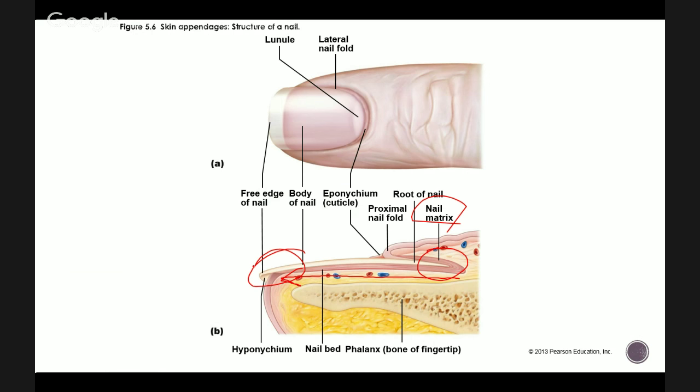All right, some aspects of the nails we see here: the cuticle, called the eponychium. We have this little moon-shaped structure here, the white part of the nail, that's called the lunule, or lunula. It's like the moon.